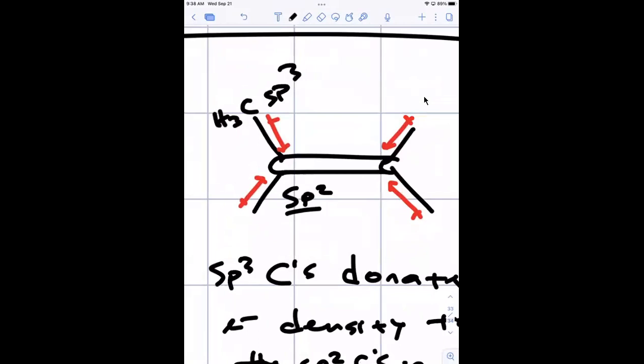Because remember, if a bond is polarized, the dipole is always going to go towards the more electronegative atom. So yes, great question. Anytime you have a polarized bond, you're going to have the dipole in the direction of the atom that's more electronegative.